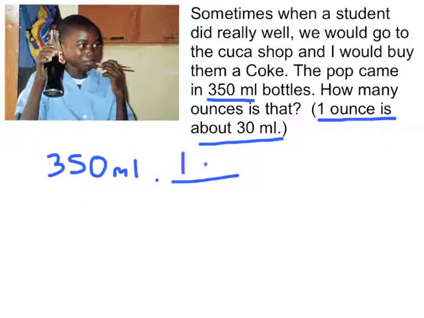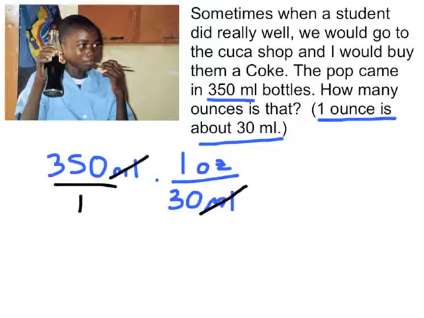So I got 1 ounce over 30 milliliters. I check to make sure that my units cancel out. We got 350 milliliters over 1. The numerator has milliliters. The denominator has milliliters. They cancel out. Now I'm ready to multiply.